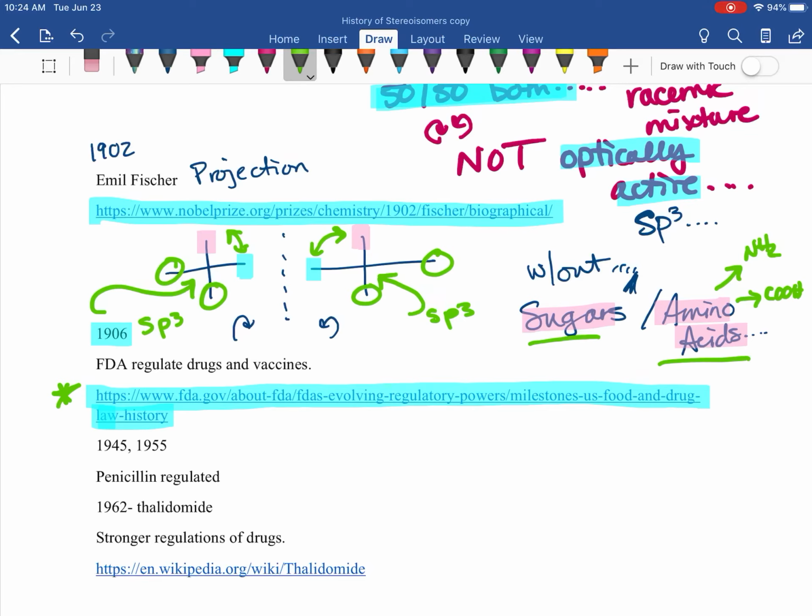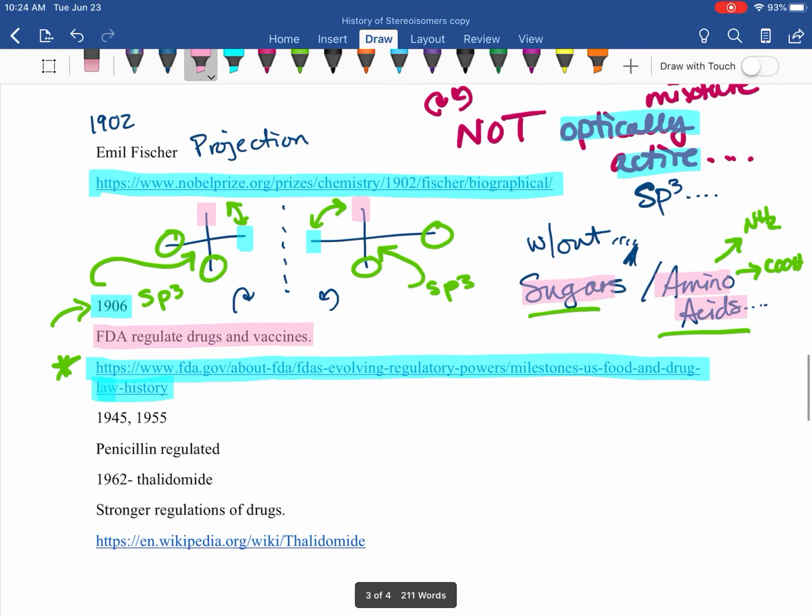And what's fascinating is their rich history and how chemistry has really shaped a lot of the FDA policies and back and forth. And so starting in 1906, now that we're getting into these organic substances, now they're starting to be regulated by the FDA. So drugs and vaccinations are now regulated by the FDA.